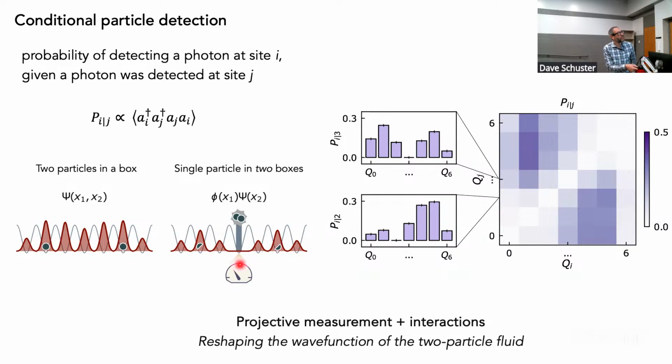What we do is we just measure, and we see that, for example, if we measure a photon in the middle box, then the second one has a distribution which looks like a particle in a box, but in the two halves, evenly split. So you end up in a superposition of the other two boxes. If you measure it not in the middle, say over here, then there's a small box and a big box.